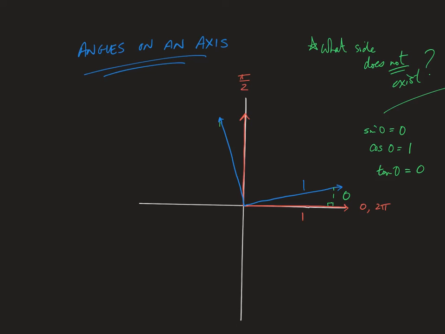That allows us to drop in a height, but now we ask ourselves that green question again. If the blue arm is really vertical, then which side doesn't exist? And if my terminal arm is vertical, then I have no adjacent side.